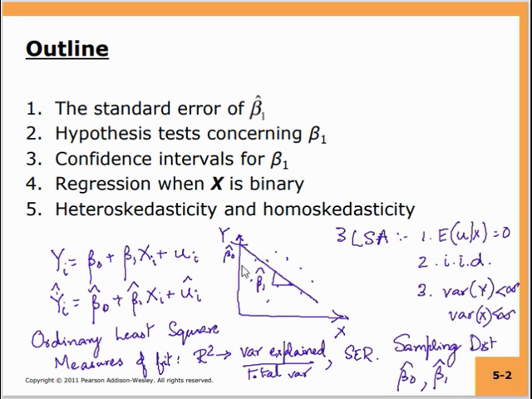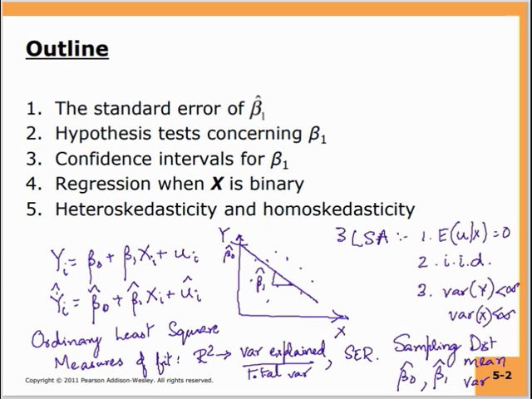Hence the values of beta 0 hat and beta 1 hat themselves follow a certain distribution, which has a mean and also a variance. These are the ideas that we have introduced so far.